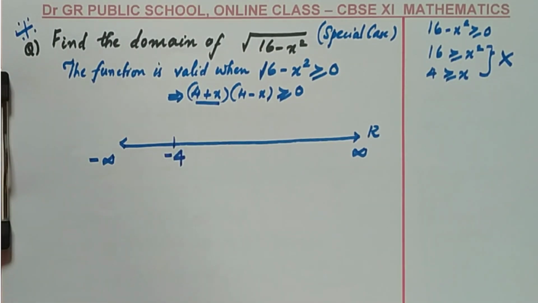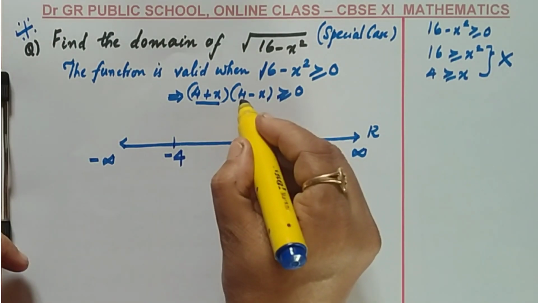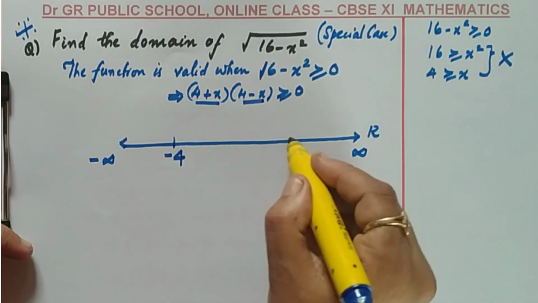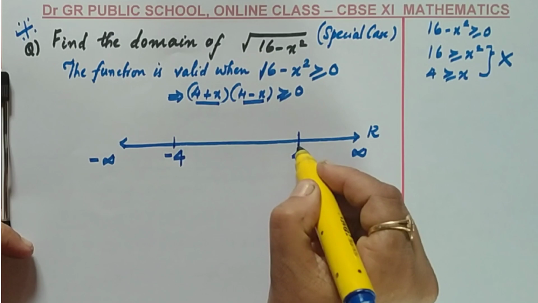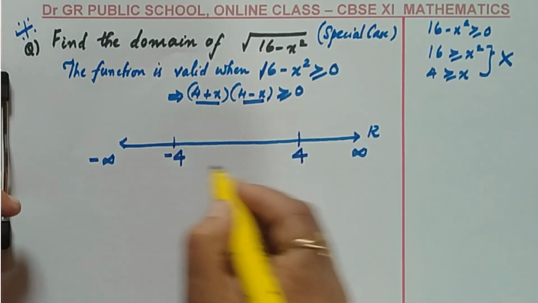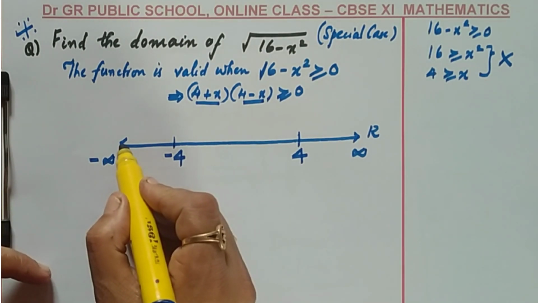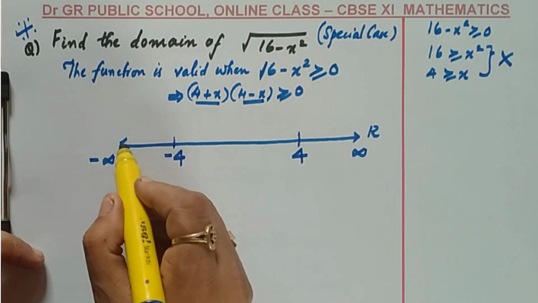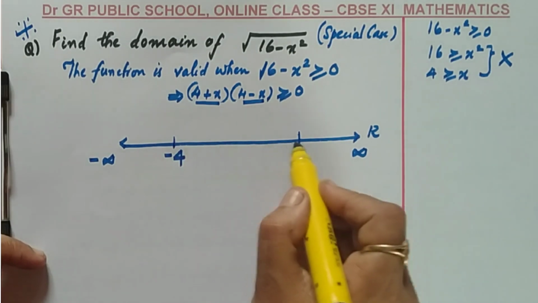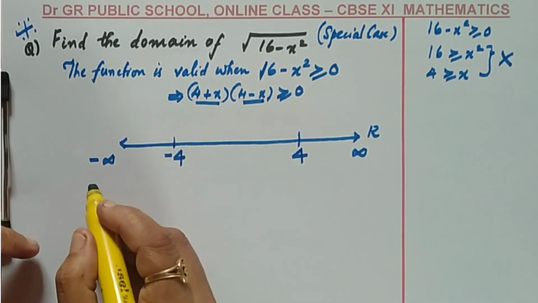You need to mark that on the number line. Which value will make the second bracket 0? That is plus 4. These are the two critical values that you need to take on the number line. Now, your number line gets divided into 3 portions: minus infinity to minus 4, minus 4 to 4, and 4 to infinity.